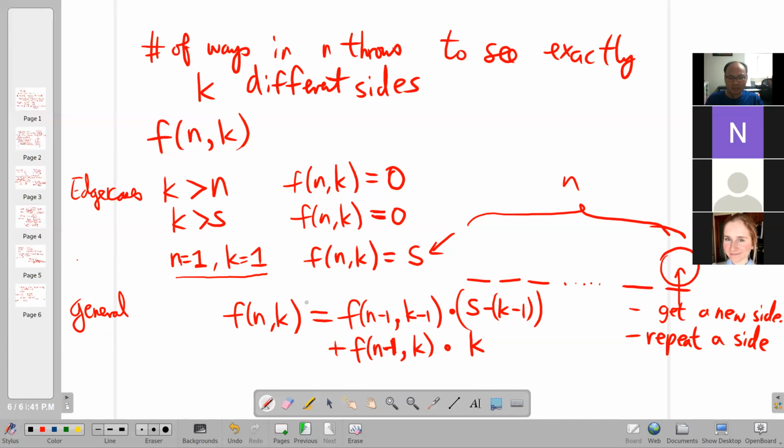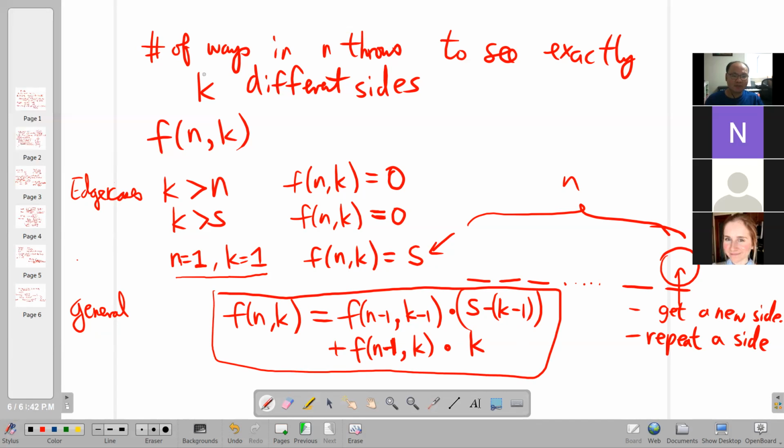Does that make sense? Yes. So the first part of that formula is if you get a new side, and the bottom part is repeating a side that you have seen in the last n minus 1 throws. So then it's just a matter of computing this.